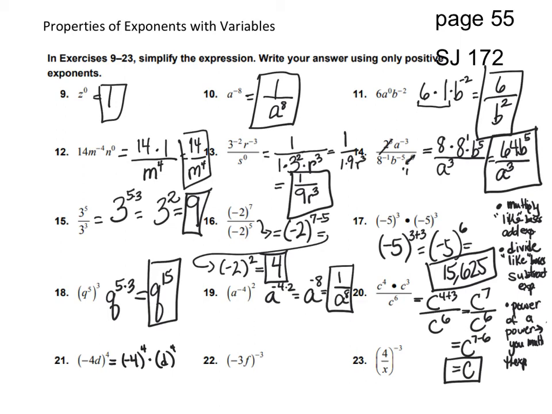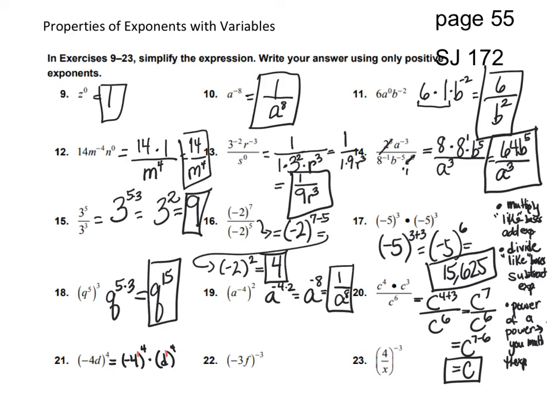Now, I'm going to multiply my exponents. What exponent is understood to be on this negative 4 on the inside? That's a 1. And what exponent is understood to be on this d on the inside? That's a 1. So to do my power of a power, I'm going to multiply 1 with each of those exponents. Negative 4 to the 4th power means negative 4 times negative 4 times negative 4 times negative 4.